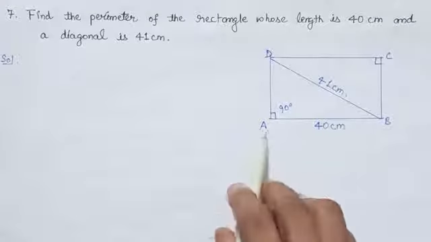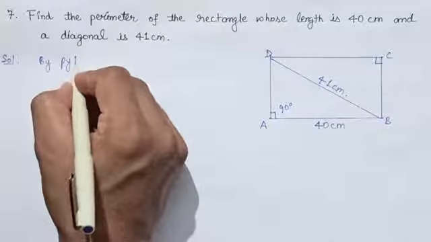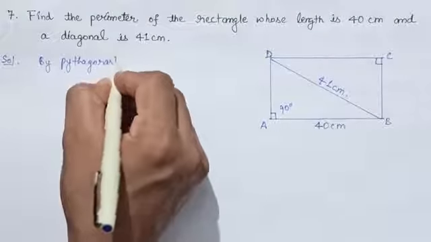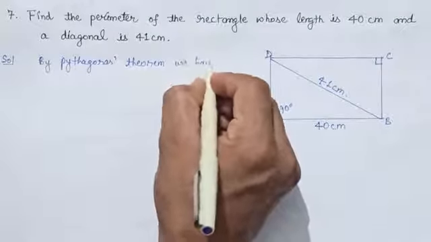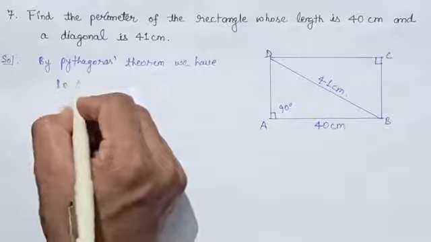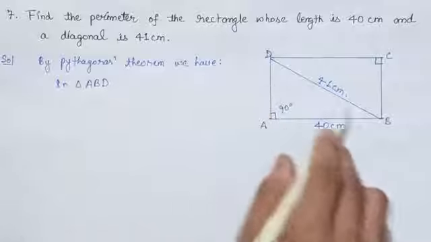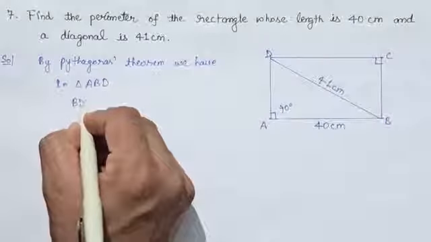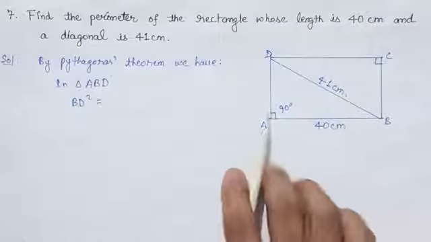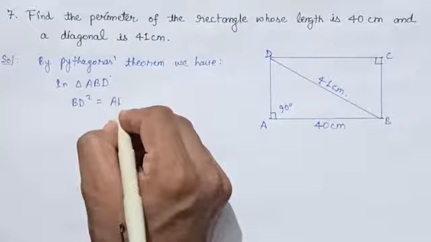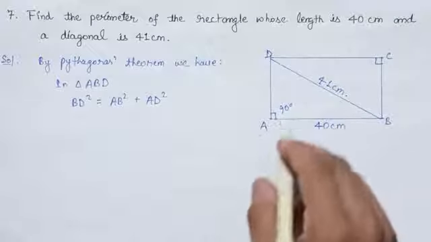By the Pythagoras theorem in triangle ABD, hypotenuse square, that is BD square, is equal to the sum of the squares of its legs, AB square plus AD square, where AD is the breadth of this rectangle.